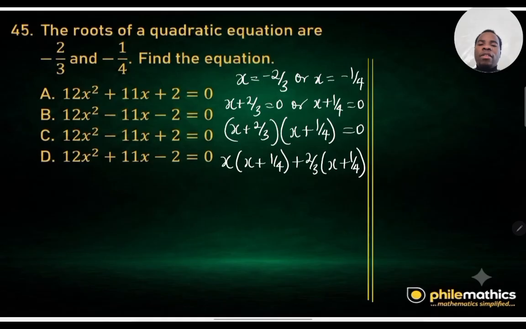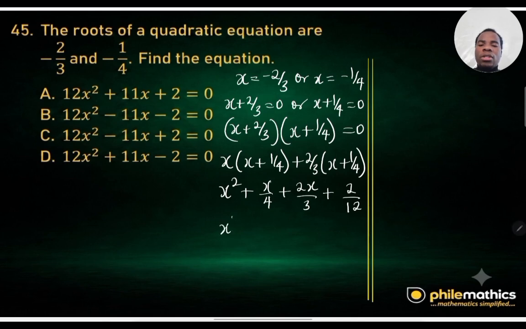If you multiply this, you have x squared plus x/4 plus 2x/3 plus 2/12. We can sum up the middle terms since they are of the same variable.